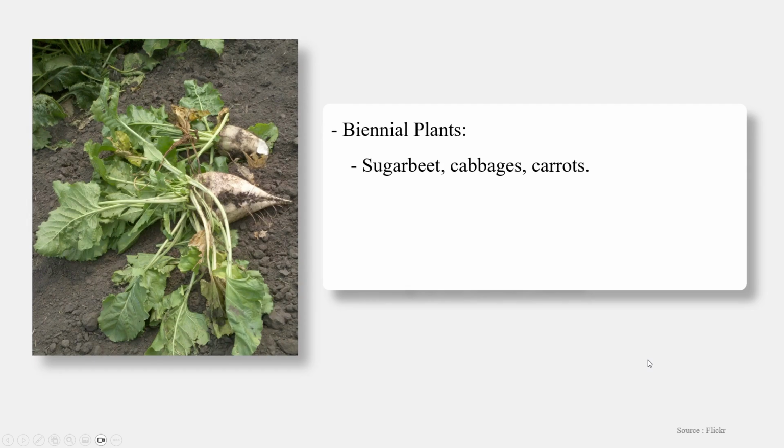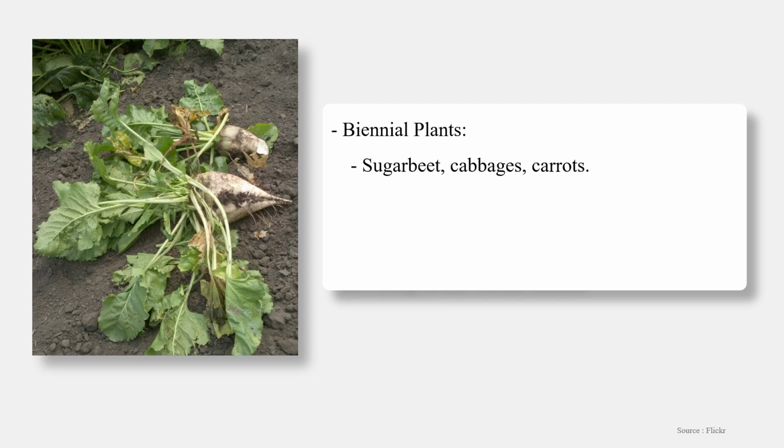Now, biennial plants. Biennial plants are those plant species that complete their life cycle in 2 years. In the first year, they complete their vegetative growth, and in the second year, they undergo reproductive growth, like flowering and seed formation.